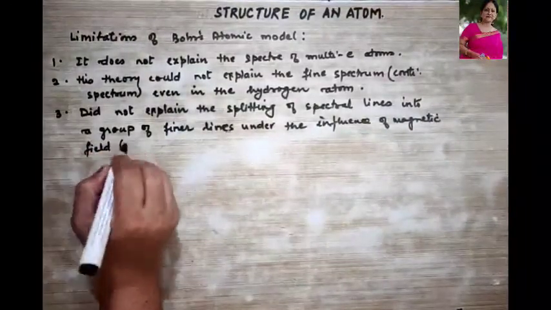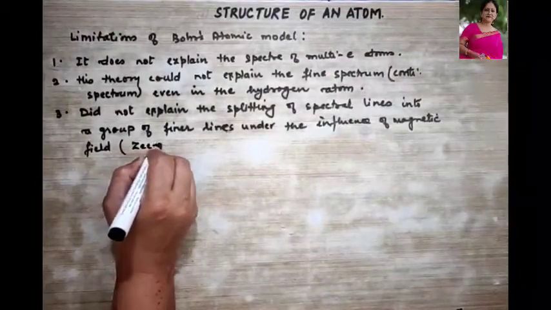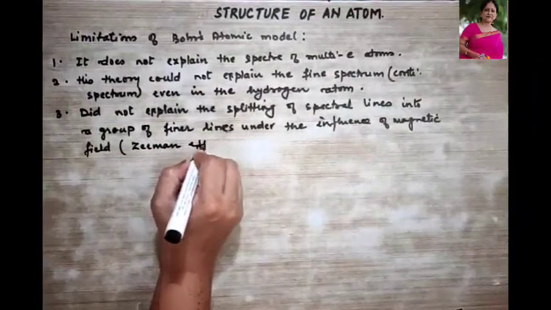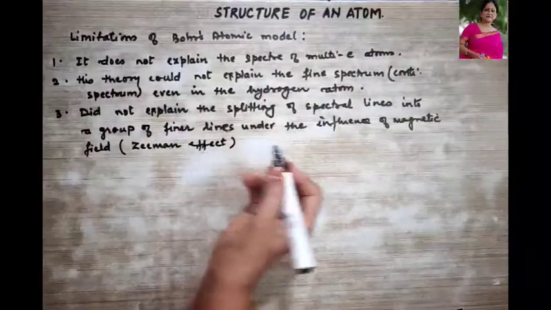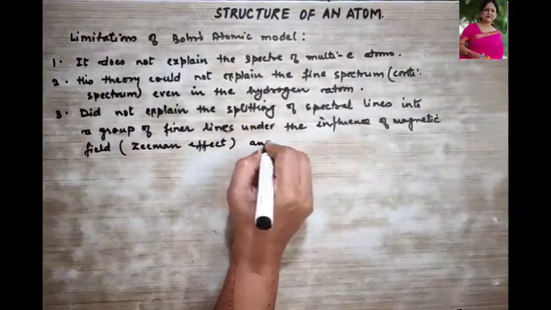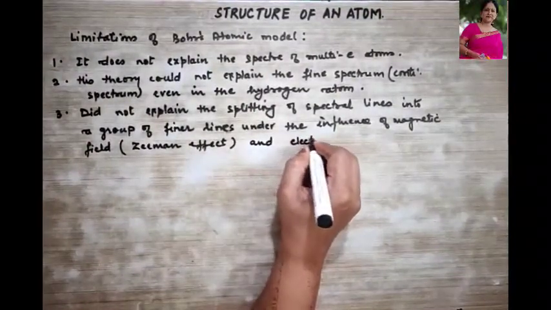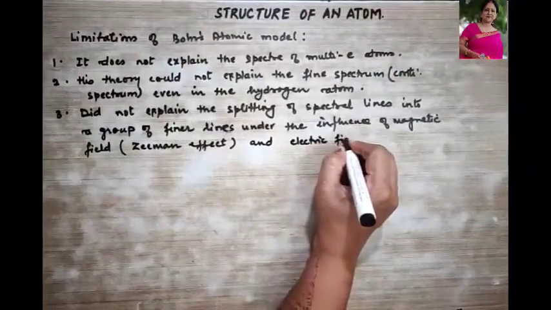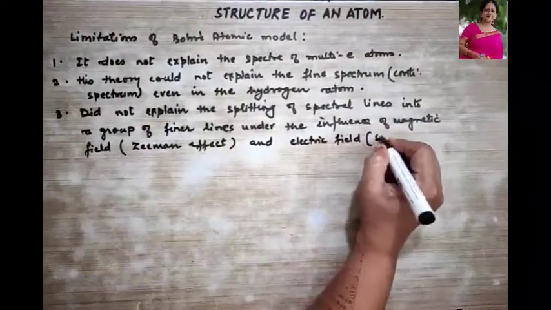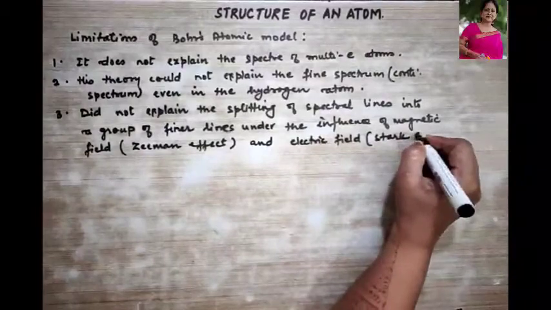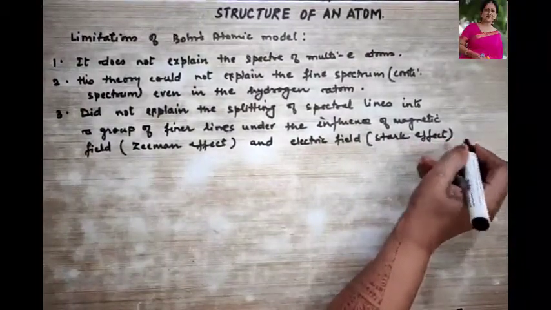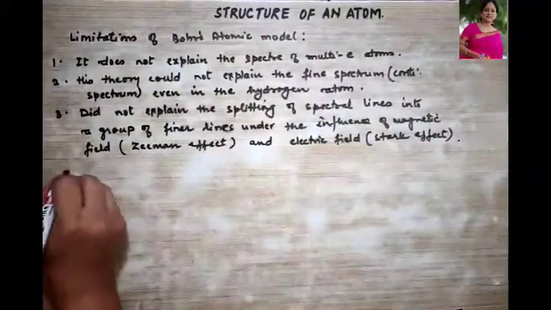And what is this effect called? This is called the Zeeman effect. And under an electric field, it is called the Stark effect. His theory could not explain these two.